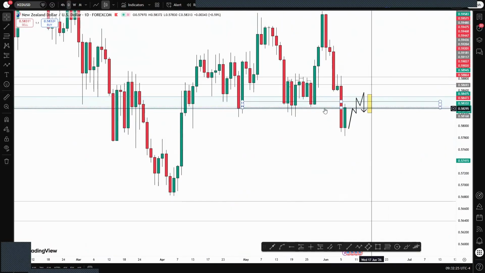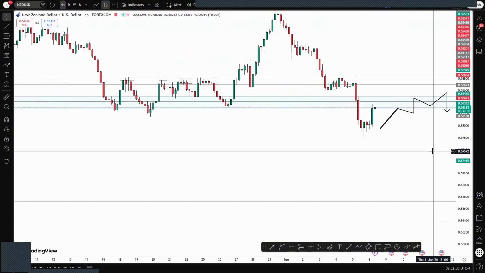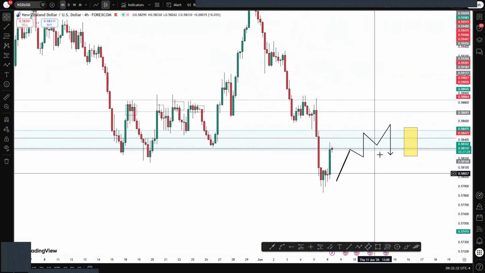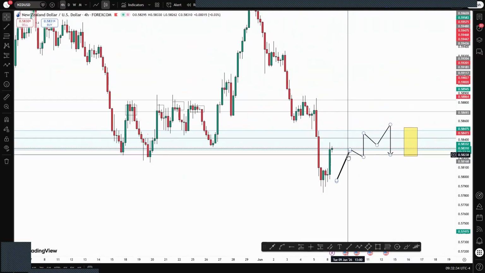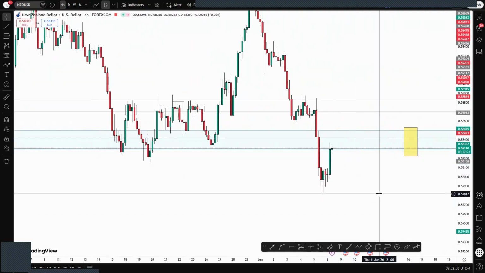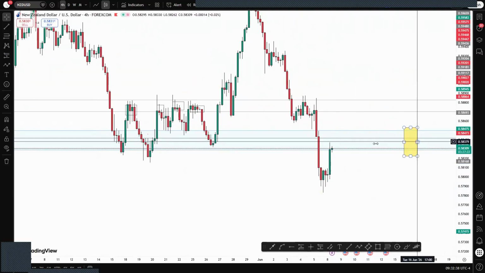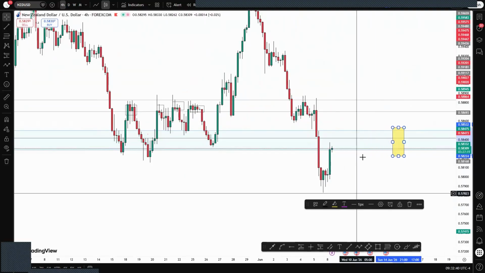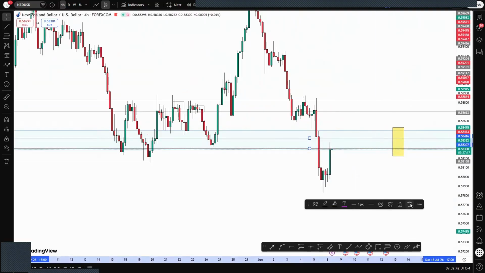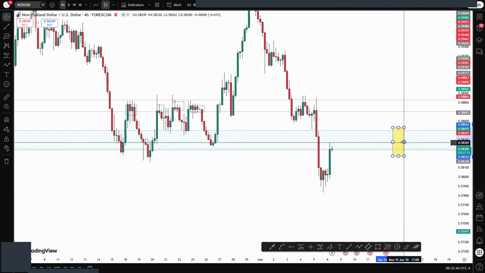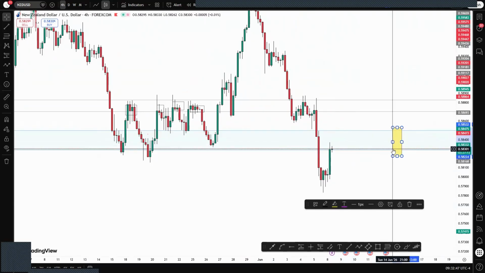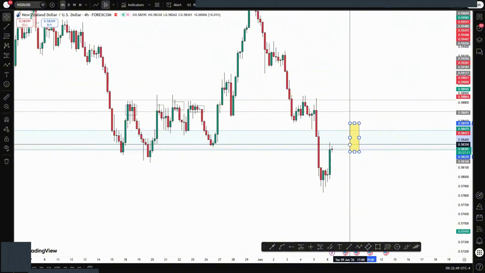So now, since price is at this point, we switch to the forward time frame, okay? And since we switch to the forward time frame, the daily will still have to push further up.